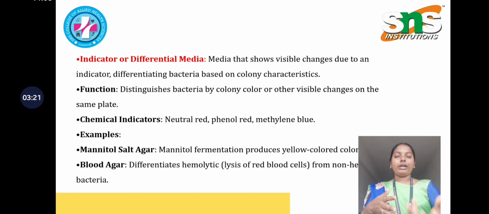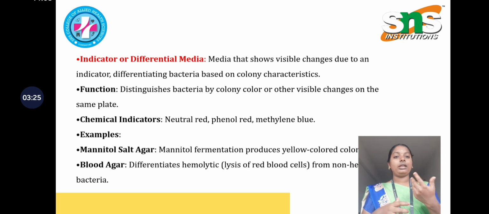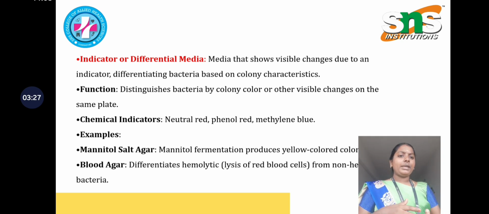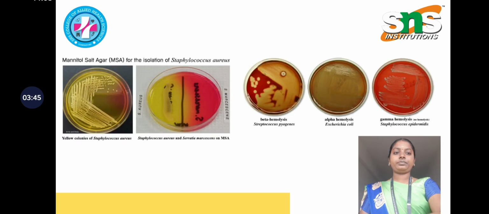Gram positive bacteria appear as purple colonies, while gram negative bacteria appear as red colonies. So to differentiate the colony by color, this differential media is helpful, and the indicators used for this media are neutral red indicator, phenol red indicator and methylene blue indicator. For example, mannitol salt agar and blood agar.